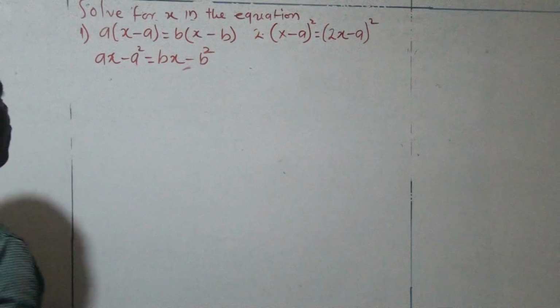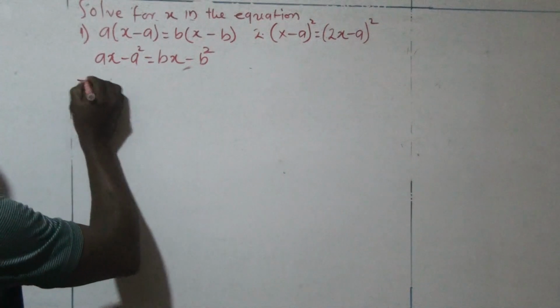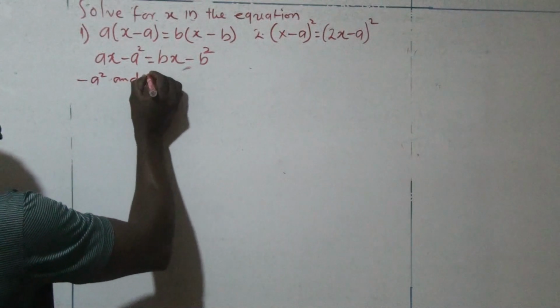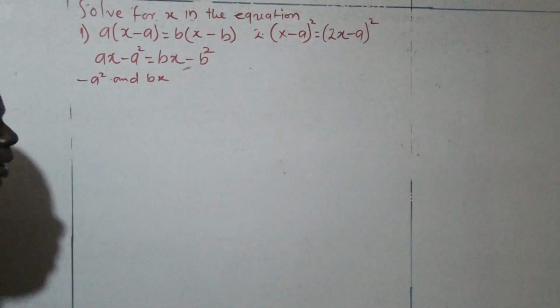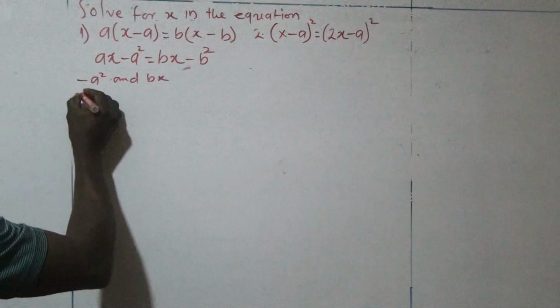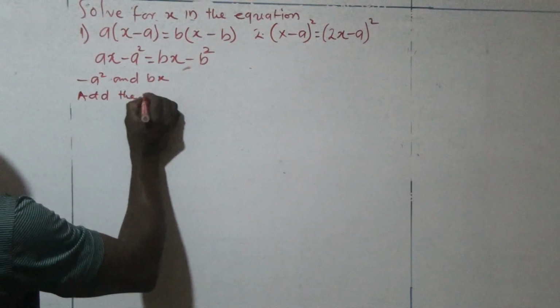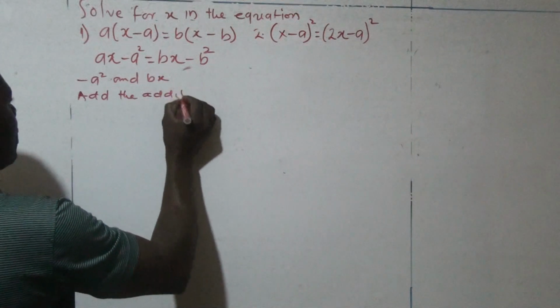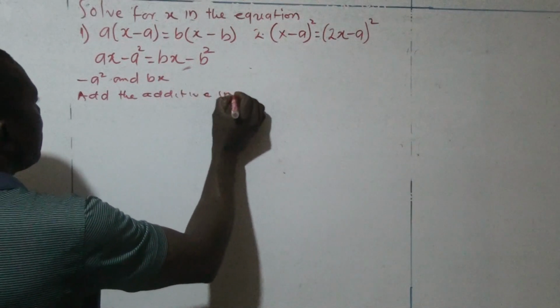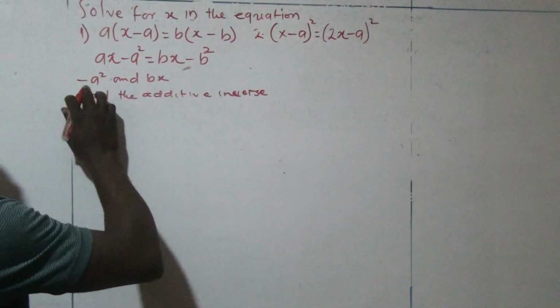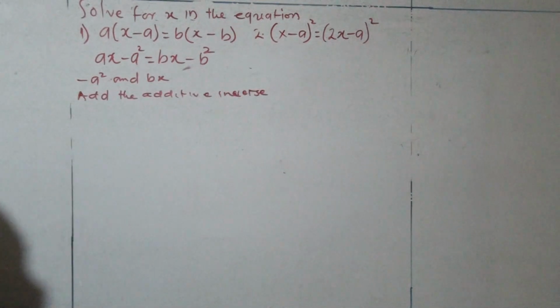Let's find the additive inverse of minus a squared and bx. So we add the additive inverse of minus a squared and bx.